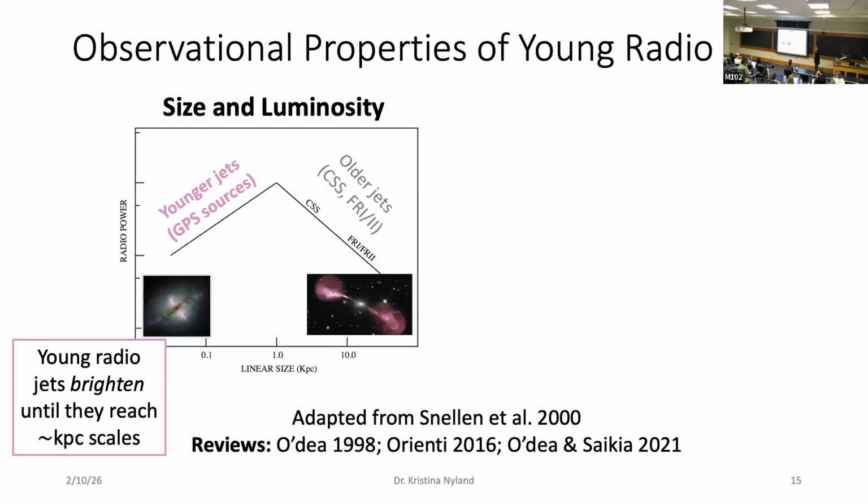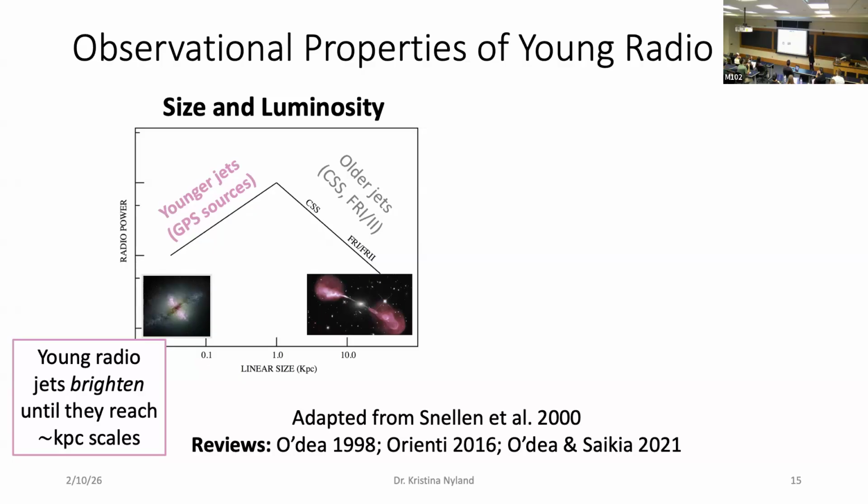Okay, so I hope I've convinced you that young and compact jets are important and really interesting. So let's talk a bit more about some of their observational properties so we can try to find more of them. On the left here, this is a cartoon diagram that I made that shows how the luminosity, or radio power, changes as the source grows, basically.